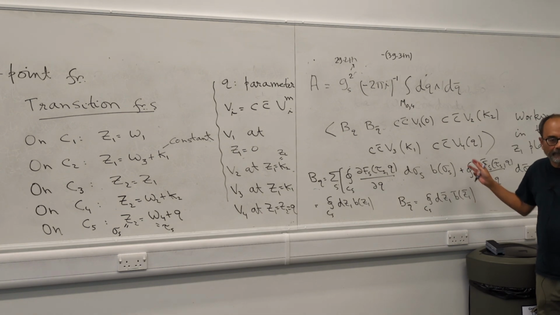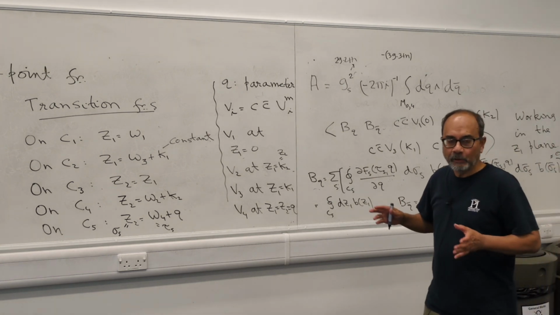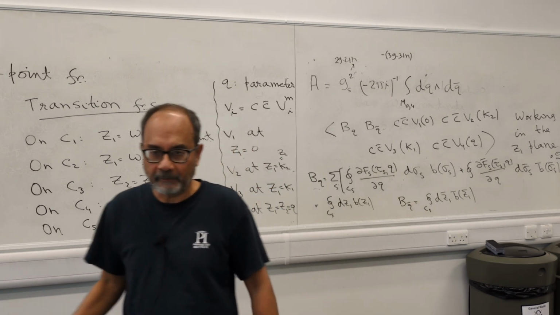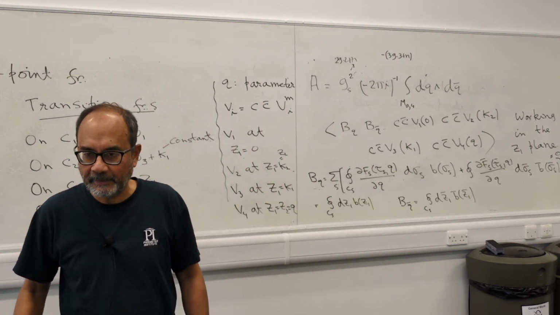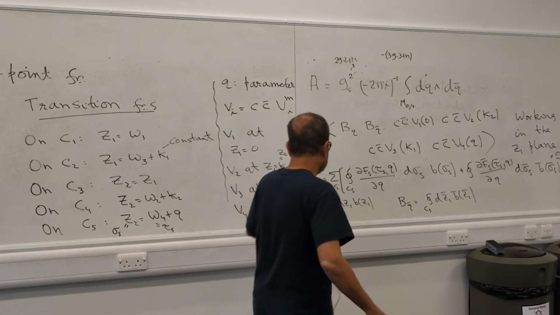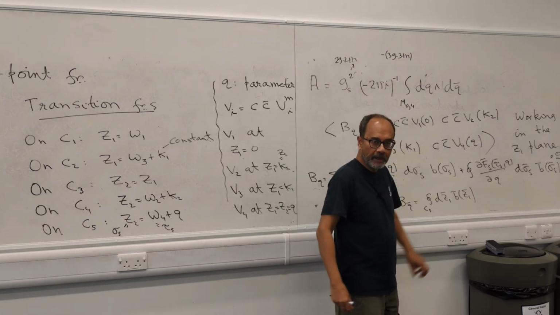There the second term will contribute, the first term will not contribute. So one should distinguish between these moduli space coordinates. You don't even have to give them a complex structure. I could have used the real part and imaginary part of Q. But here you think of Q and Q bar as independent. But when you have written BQ, the derivative is always with respect to Q, not with respect to Q bar.